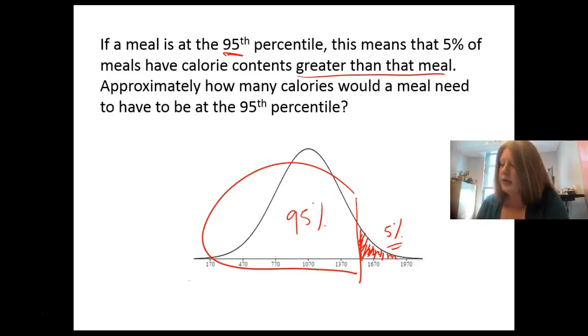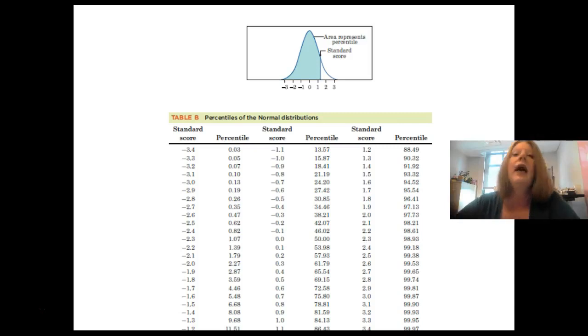Again, we need to go back to our table, and hopefully you know what we need to do now. We need to find the value that's roughly at the 95th percentile, so that has 95% less than and 5% above. This is again a case where you're going to go to the table. You're not going to see 95% exactly.